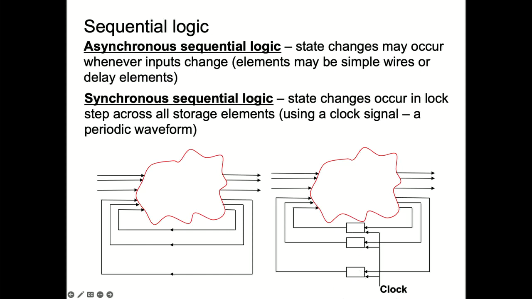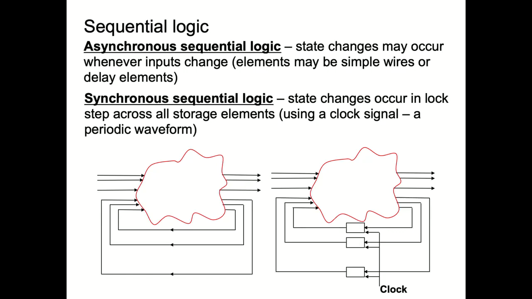So a clock is responsible for preventing feedback. If you shut down these boxes so that their outputs are frozen, this must settle. There's no loops in here. Essentially what we've done is we've hidden the loops inside these boxes. Each of these boxes, in fact, is an asynchronous device.